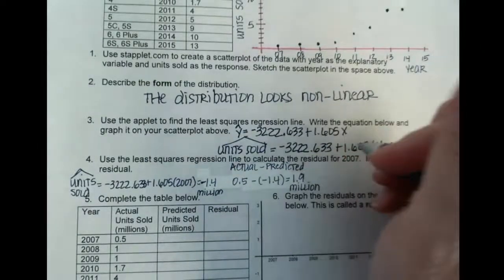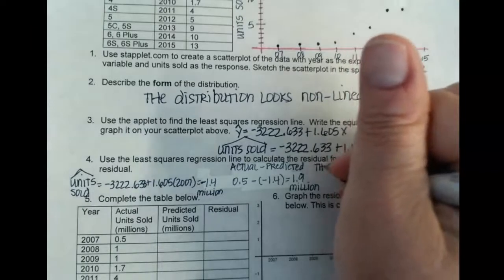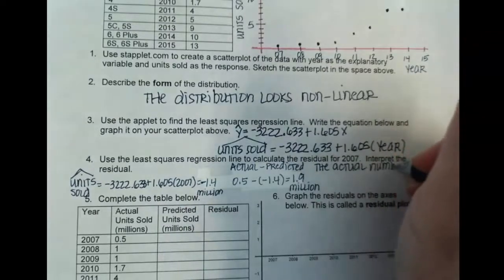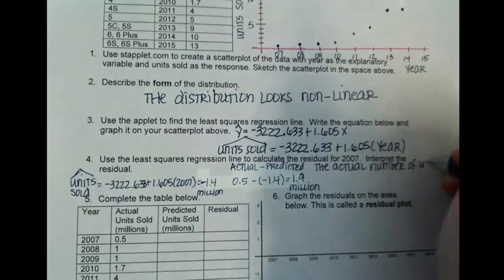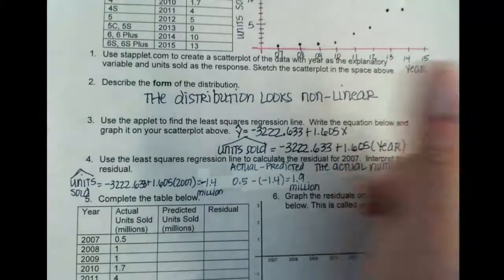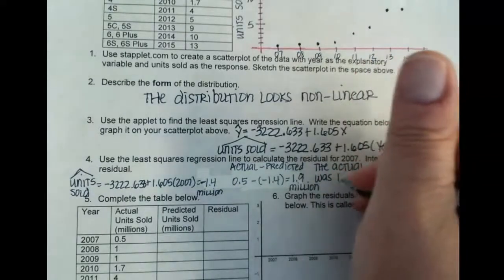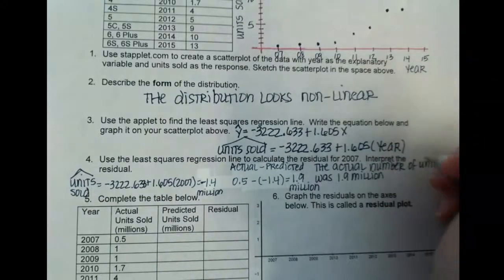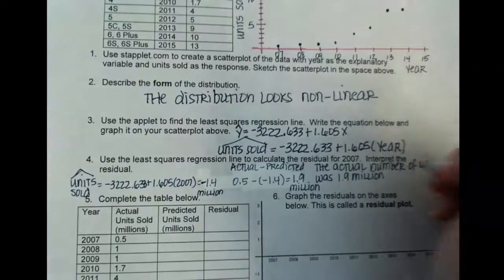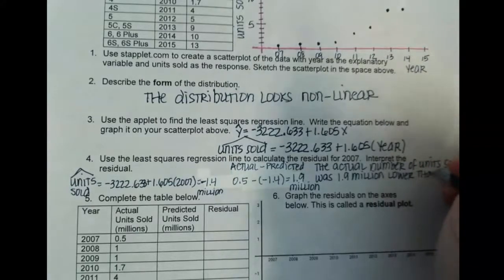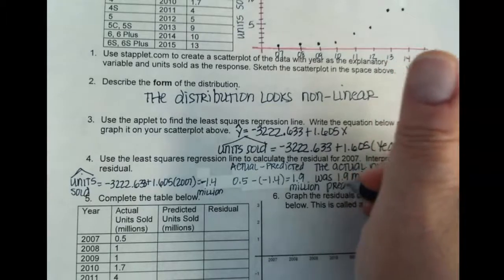So to interpret that, we're going to say the actual number of units sold was 1.9 million lower than predicted for 2007.